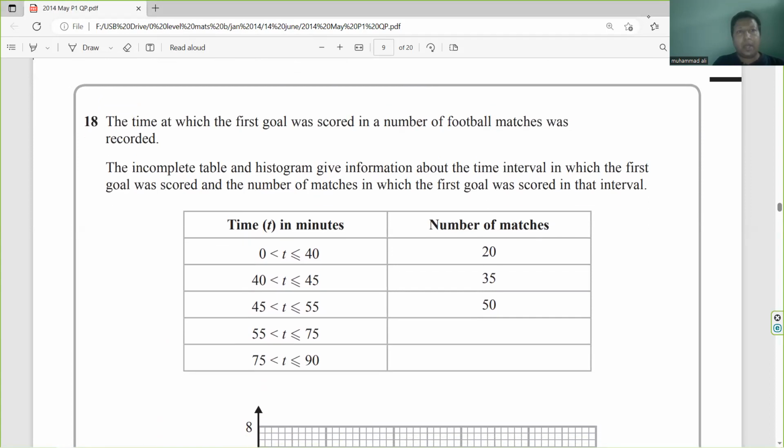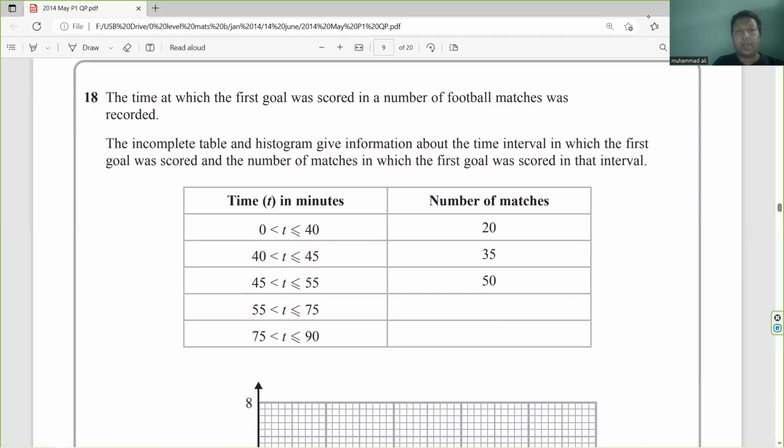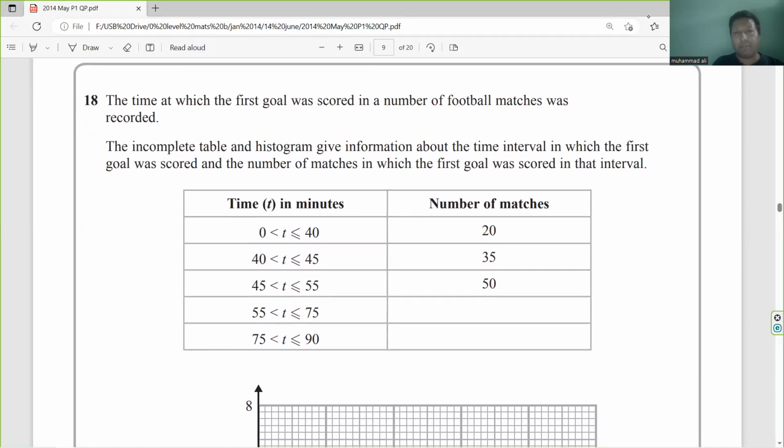The time at which the first goal was scored in a number of football matches was recorded. The incomplete table and histogram give information about the time interval in which the first goal was scored and the number of matches in which the first goal was scored in that interval.